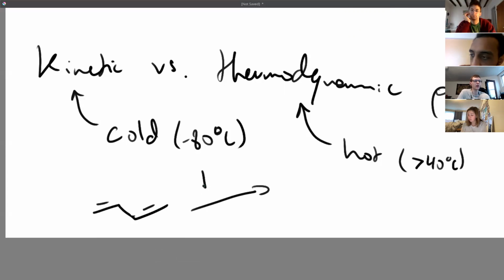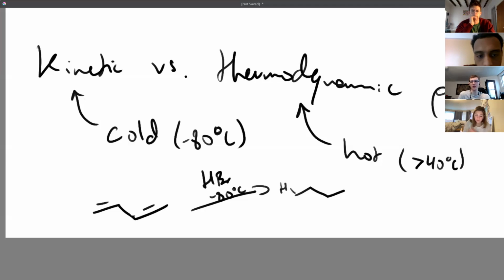So if we add HBr while things are cold, what's going to happen? How is the HBr going to add? To the more substituted side? But they're equally substituted. Wouldn't it go to the ends of it? Something like that, yeah.